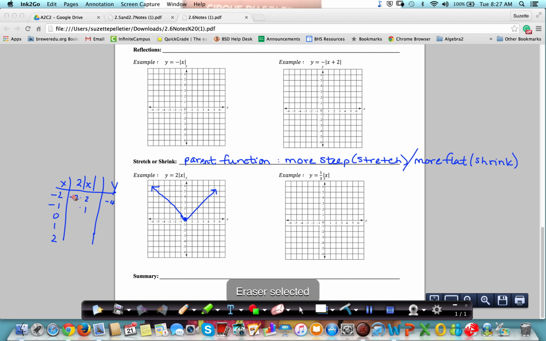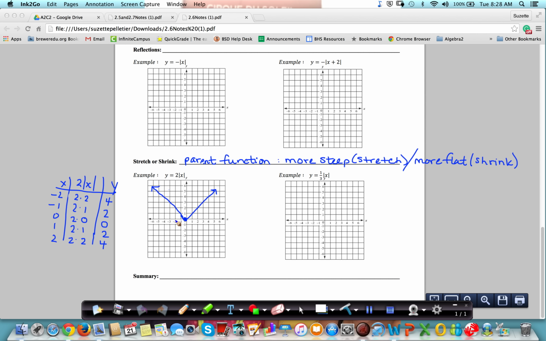Sorry, let's fix this. I was looking at the wrong spot. Okay, try this again. The absolute value of -2 is 2 times the 2 we already have here is 4. That's better. The absolute value of -1 is 1 times the 2 I already have is 2. Absolute value of 0 is 0 times 2 is 0. Absolute value of 1 is 1 times 2 is 2. And the absolute value of 2 times 2 is 4.